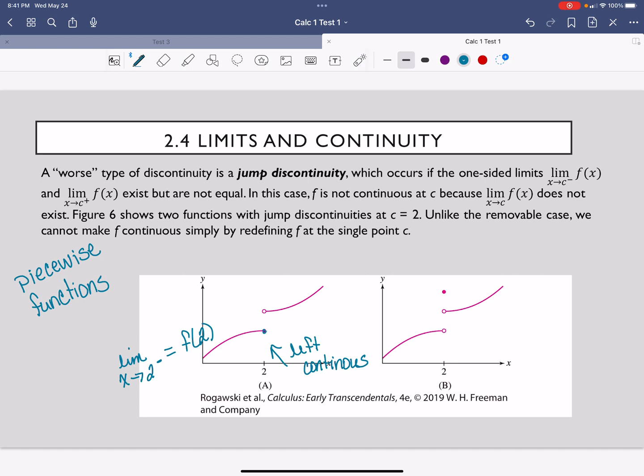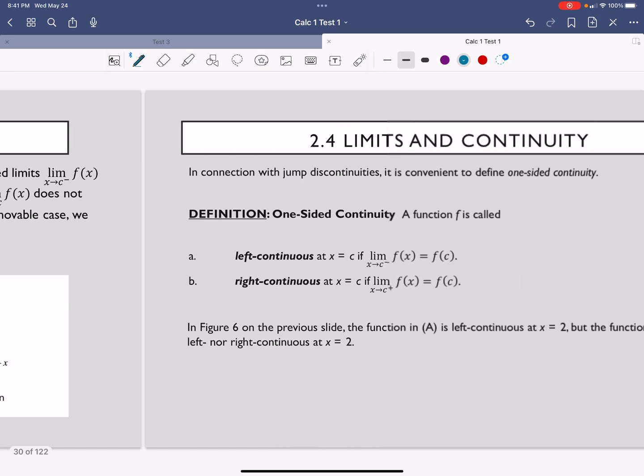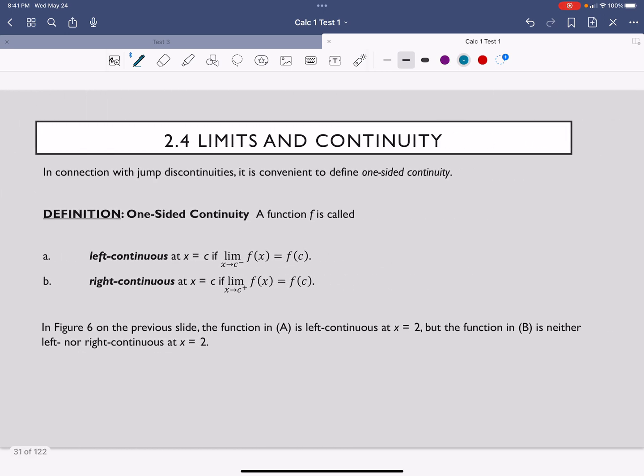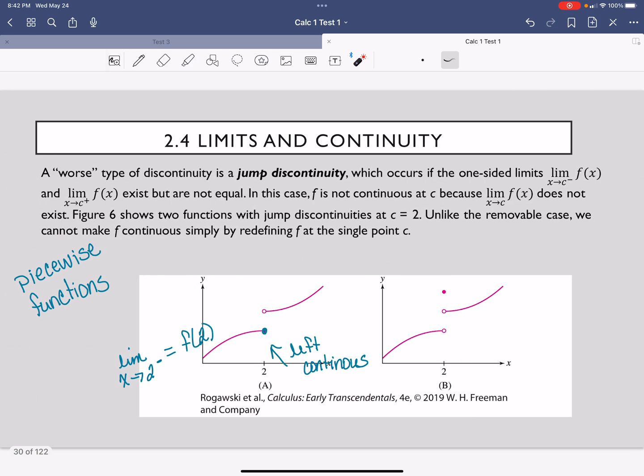Because here we've got that solid dot. Now, a function is right continuous if the limit of our function from the right is equal to f of c. So in this situation, this would have to be an open circle if we were going to make this one right continuous.